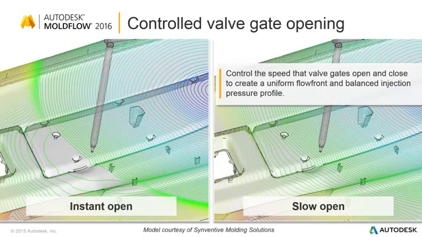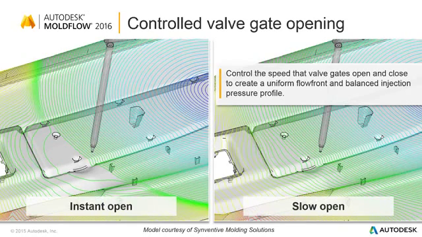Now that, in reality, will result in acceleration and possibly visual defects that you will see on the flow front as soon as you open a valve gate. You see stagnation in certain areas and acceleration in the area where you've just opened the valve gate, while the hot runner system is rebalancing its pressures.